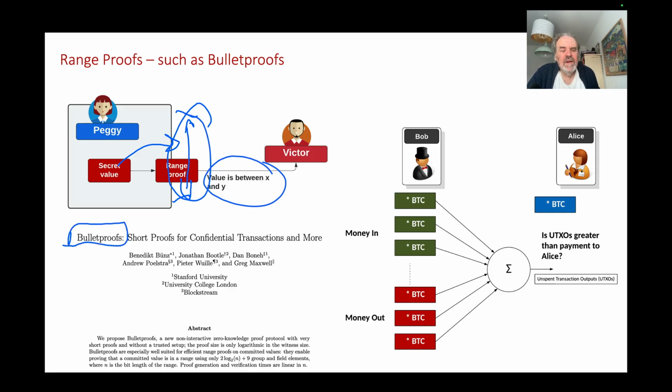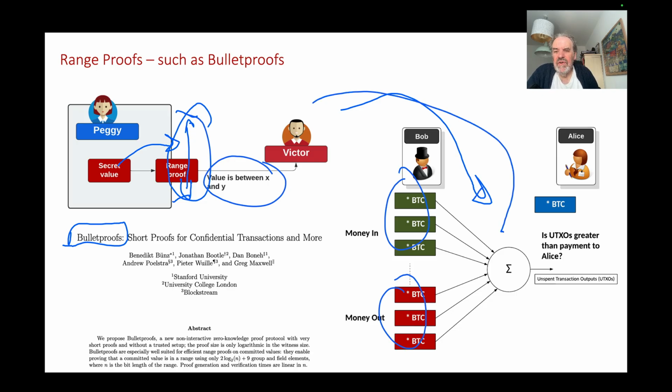One of the most popular range proofs is what's called bulletproofs, which produces a small range proof verification. One of the applications of this is within Bitcoin, where we can mask all of our transactions for the money in and the money out, and then use a range proof to show that in this case Bob has enough Bitcoins to pay Alice.